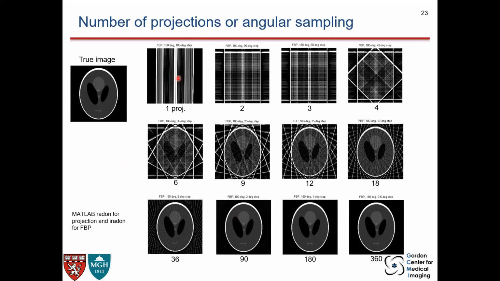So we saw both angular sampling and angular coverage, and typically a couple of degrees is what is needed. And again, if you want to provide a very quick image of the patient, maybe you can relax on the angular sampling, but not angular coverage.